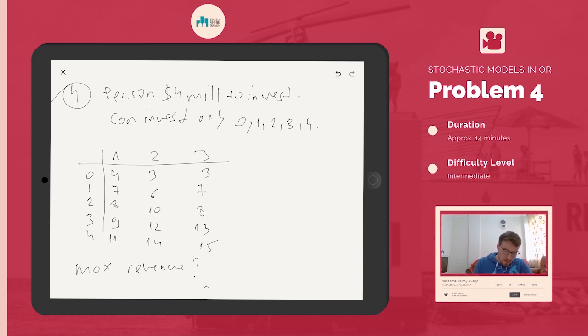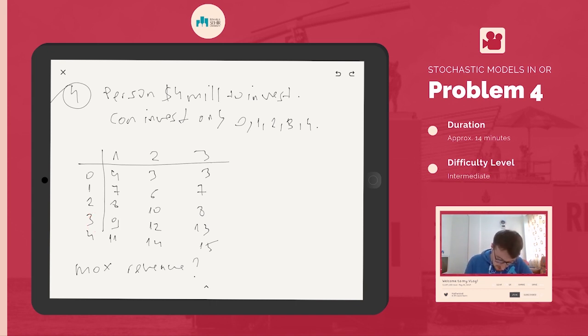For example, if I invest $3 million in site 1, then I will get $9 million in return. I'll get 12 if I invested in site number 2. I'll get 13 if I invested in site number 3. And the idea of this problem is simple. We are trying to determine in which site how much money to invest so that we maximize our revenue.